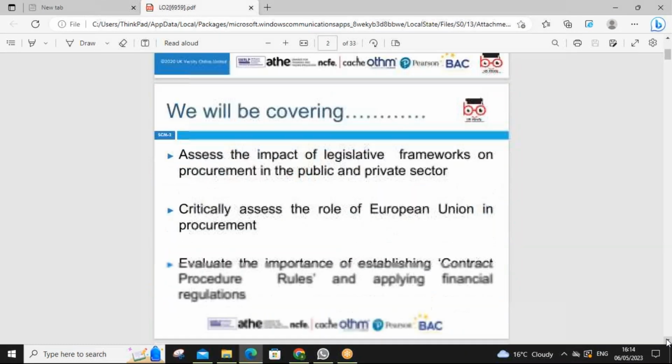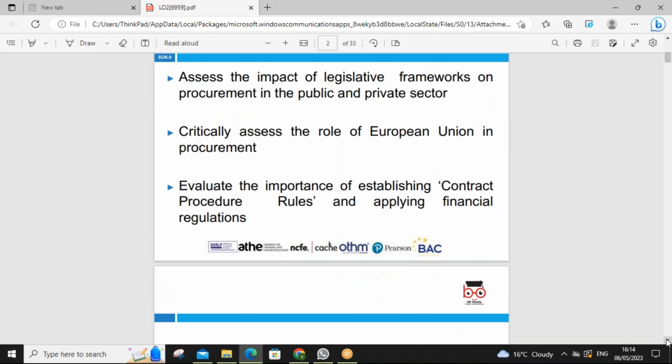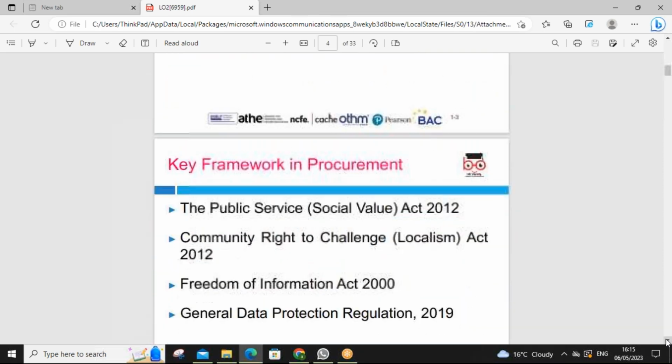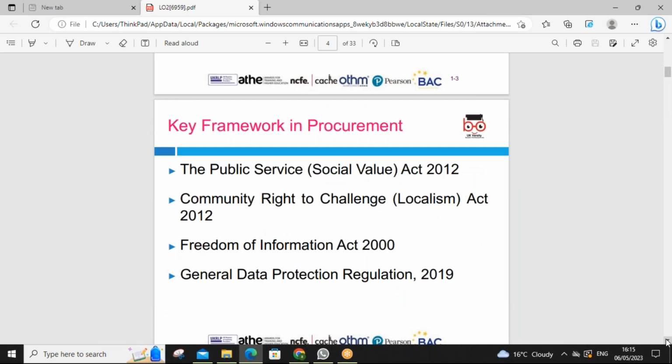We will assess the impact of the legislative framework, discussing the public and private sector, critically assess the role of the European Union in procurement, and evaluate the importance of establishing contract procedures, rules and applying them. That all will be in our discussion. Please, if you have any questions during our delivery, always ask. You can unmute yourself or just use the chat box.